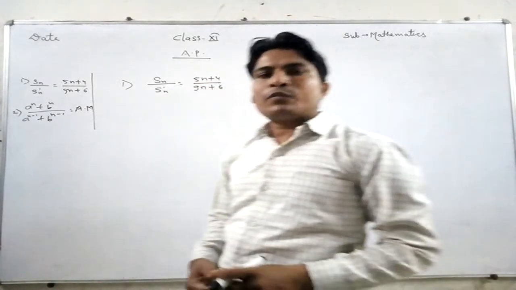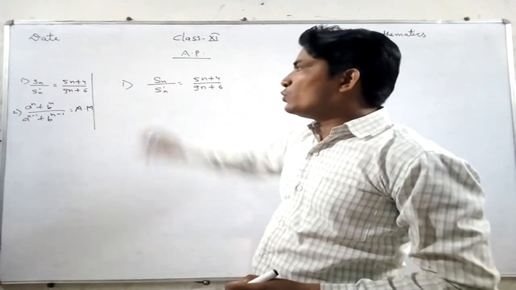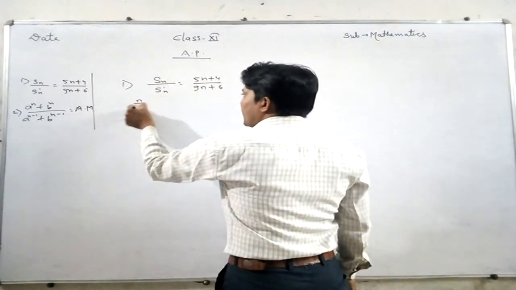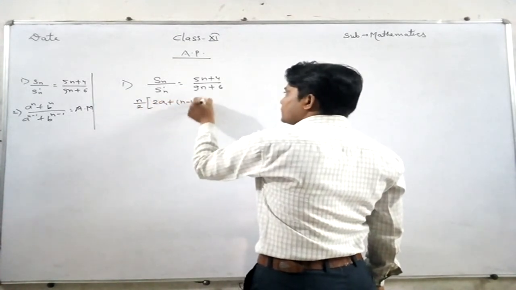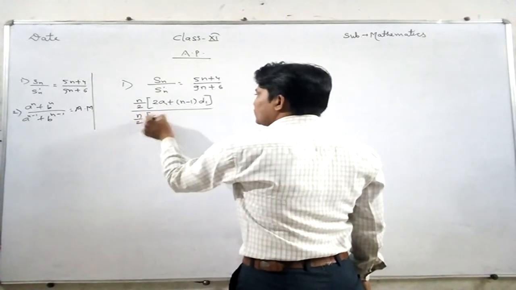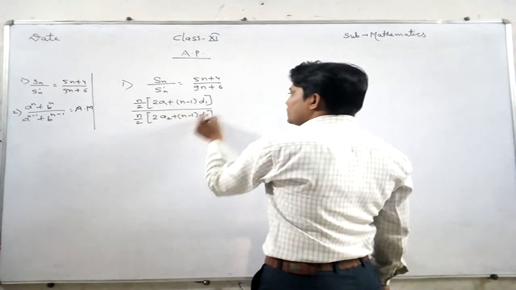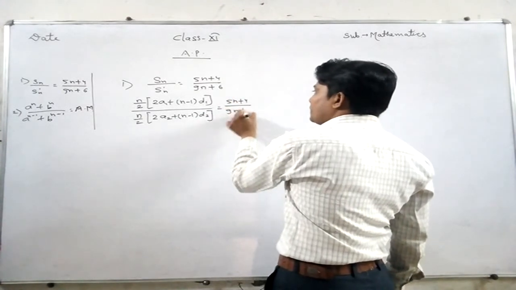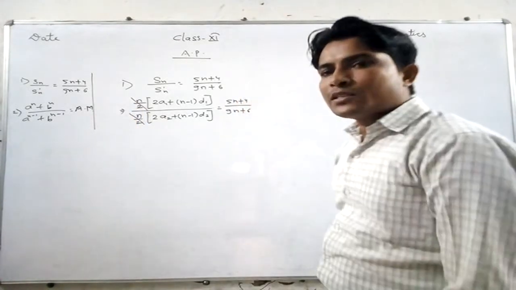So we know the formula of Sn is n by 2 into 2a1 plus n minus 1 into d1, and the same for the other AP, n by 2 into 2a2 plus n minus 1 into d2, equal to 5n plus 4 divided by 9n plus 6. Here n by 2 will clearly cancel out.